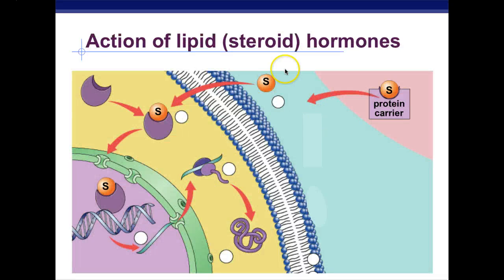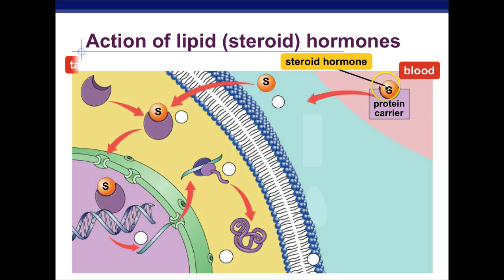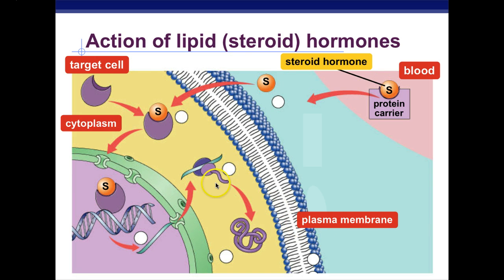So let's take a look at how that works. So here's the bloodstream here. Here's a steroid hormone, meaning our lipid-based hormone. Here's our target cell, the plasma membrane, and our cytoplasm.